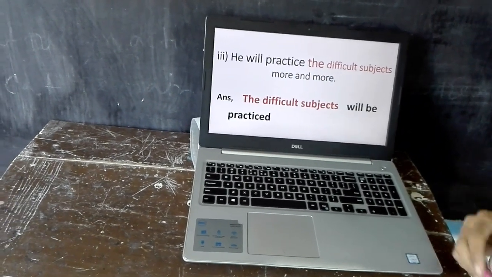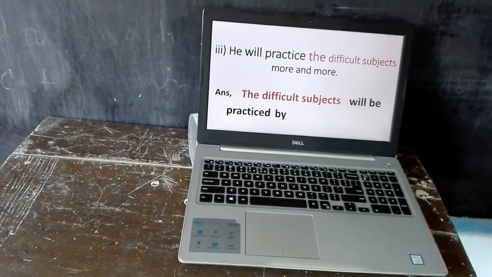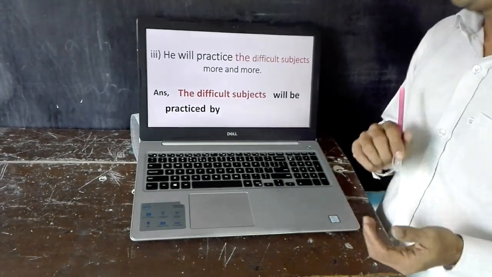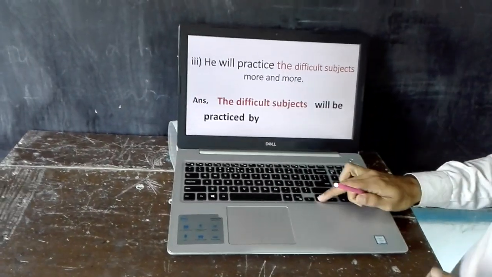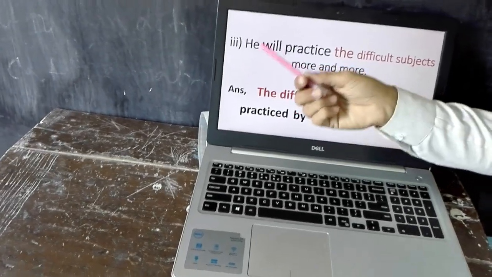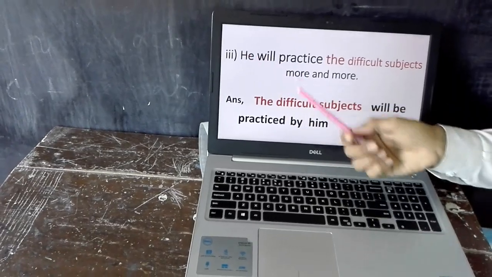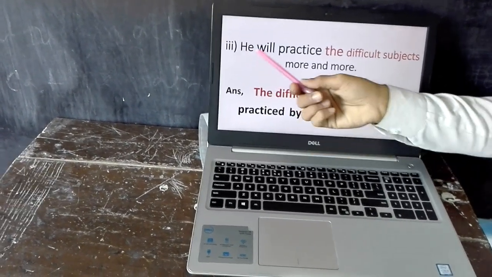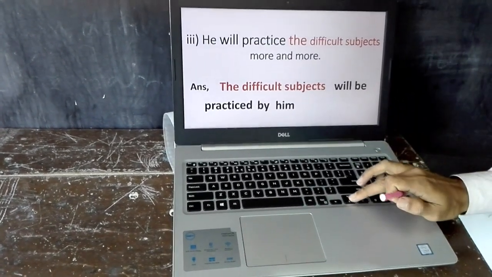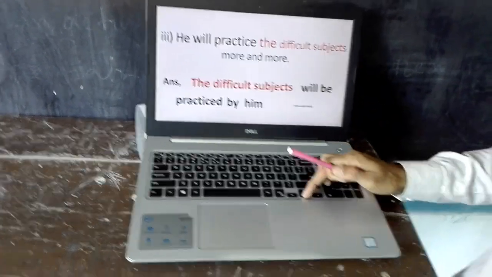And after the verb 3, we must write the preposition by. Oh, sorry. After the preposition, we use the objective form of the subject. We have written him for he. Now we will write the extension more and more.